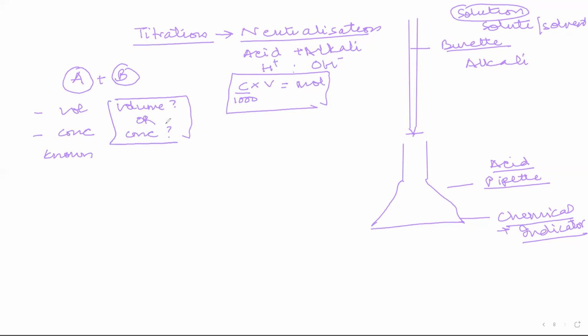So what do we do? How do we go about the calculation in order to see how much of chemical A is neutralizing how much of chemical B, or if the concentration is unknown, then this chemical with this much volume has how much concentration.